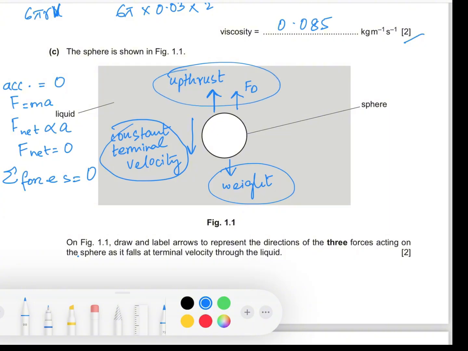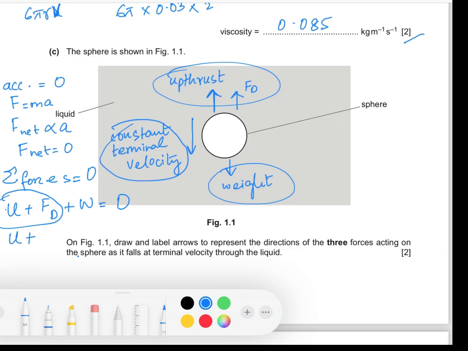And what that means is when you add up all of these forces, which is upthrust and drag force and weight, they must be equal to 0. Because upthrust and drag force act in the same direction, that means weight must act in the opposite direction. Now you can take either of the directions as positive or negative. I'll choose to take weight as negative here.